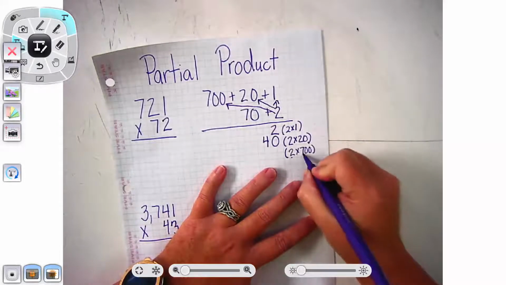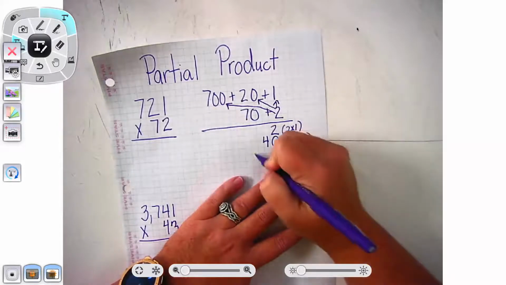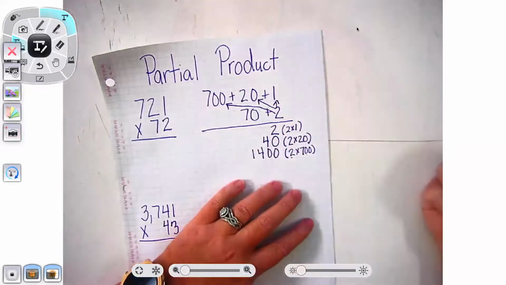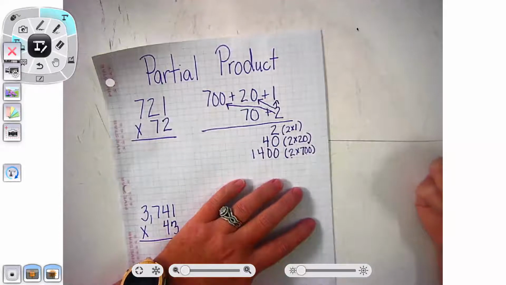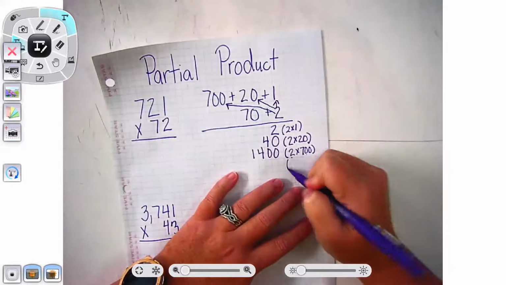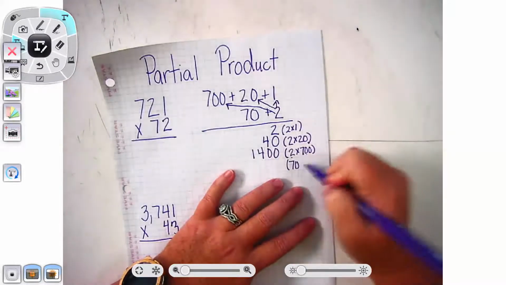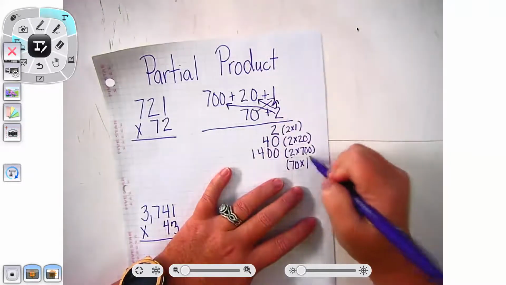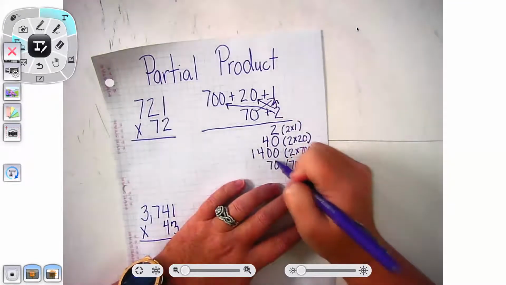I know 2 times 7 is 14, plus adding in my zeros. All right. Now what I need to do next is I'm moving on to my tens place. So I'm going to take 70 times 1 and that gives me 70.